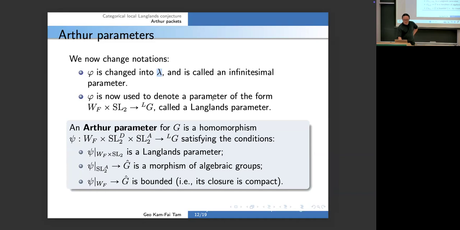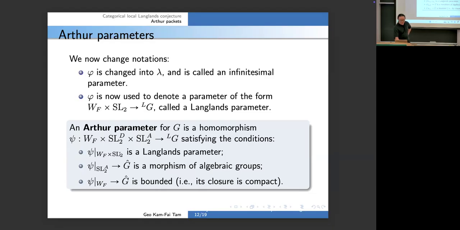Phi is now used to denote a parameter from the Weil group cross SL2 to the L group, which is called a Langlands parameter. And we define another parameter to be a morphism from the Weil group cross two copies of SL2 to the L group, such that it satisfies some conditions.